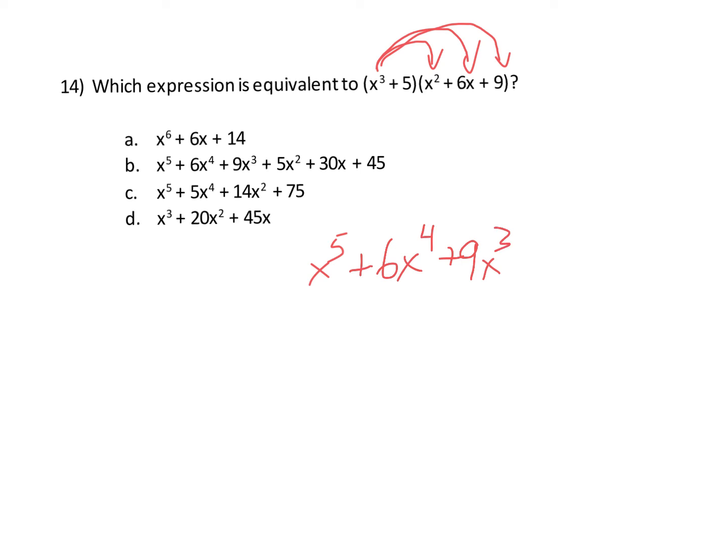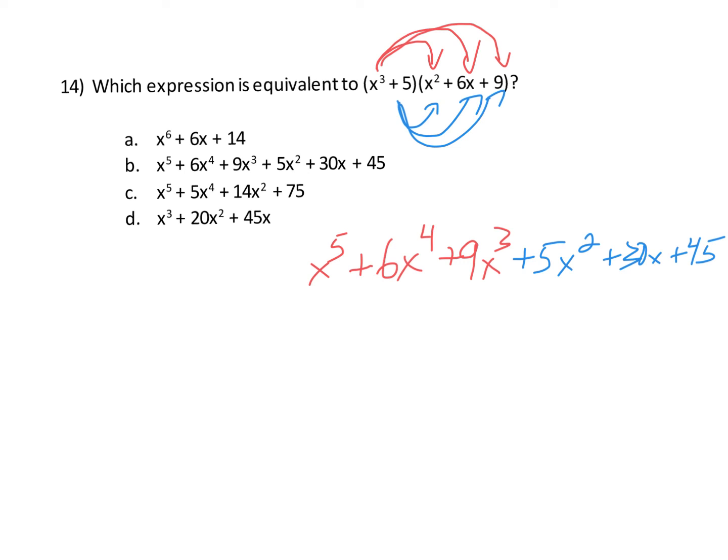All right, now we're going to go to the 5, and we're going to multiply 5 times all of these terms. 5 times x squared is 5x squared. Then we have 5 times 6x, which is 30x. And then finally, we have 5 times 9, which is 45. So plus 45, okay?